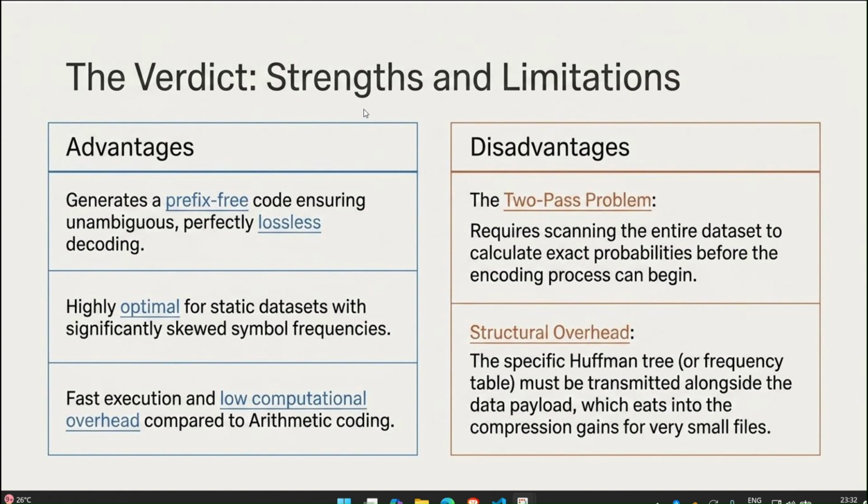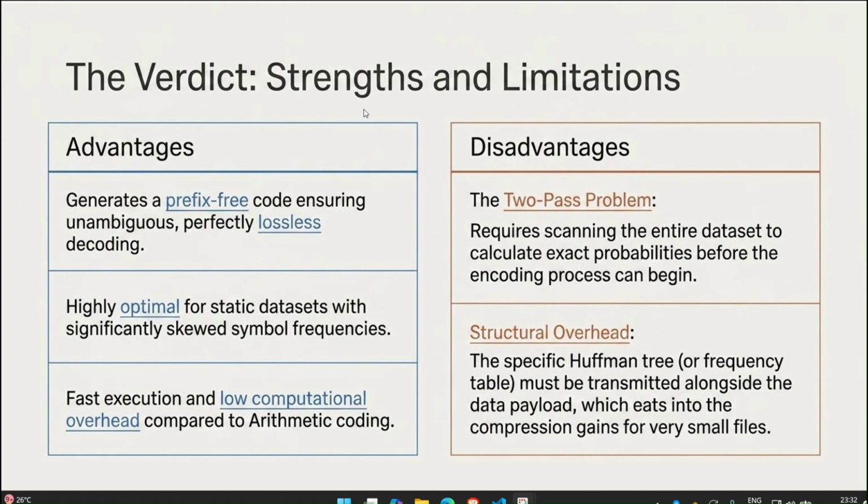It is incredibly effective at removing coding redundancy by mathematically guaranteeing the shortest average code length for a given set of probabilities. Disadvantages: requires prior probability knowledge. To build the tree, the algorithm needs to know the exact probability or frequency of every symbol in advance.